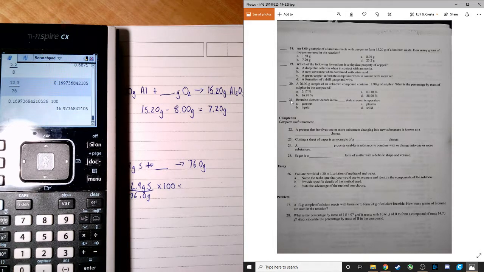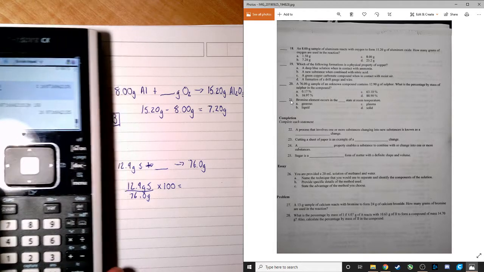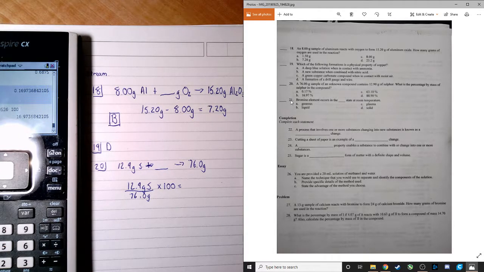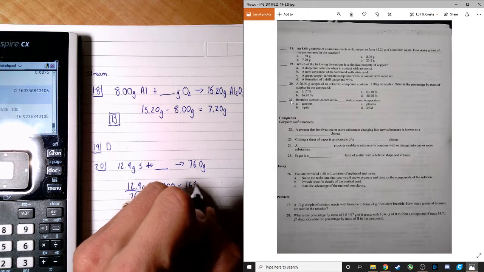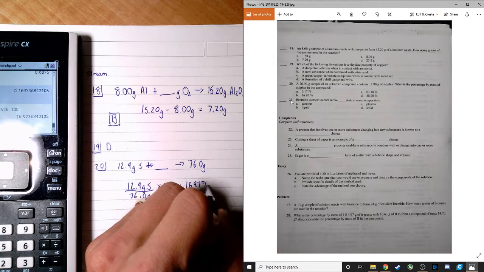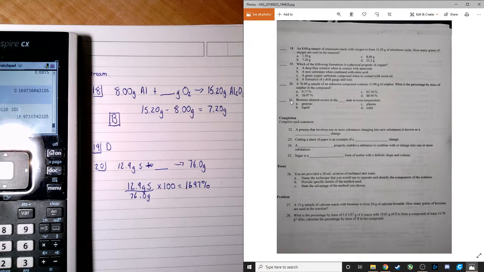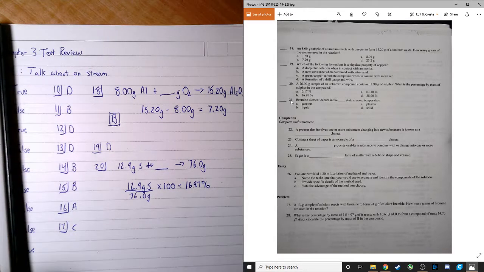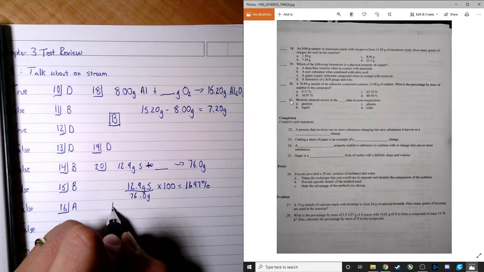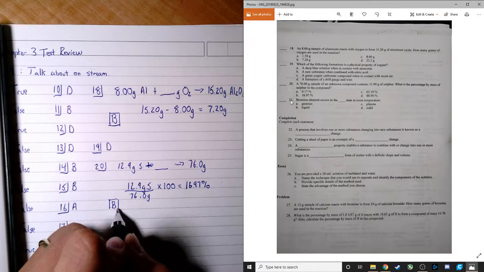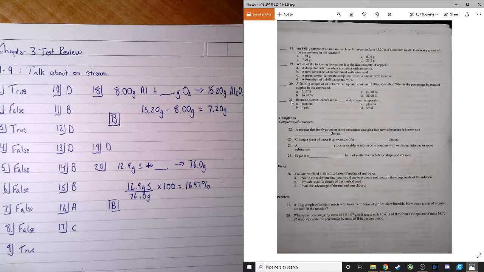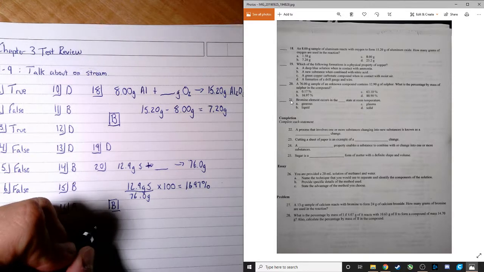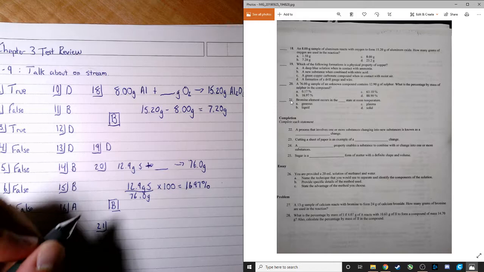And that gets us the correct answer of 16.97%, which gets us an answer of B. Okay. 21.